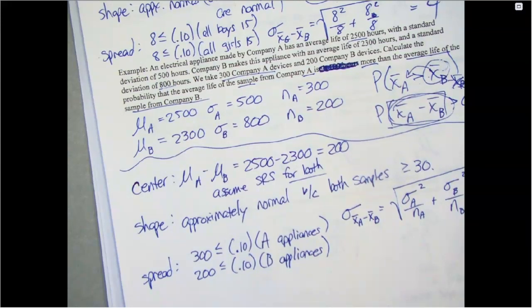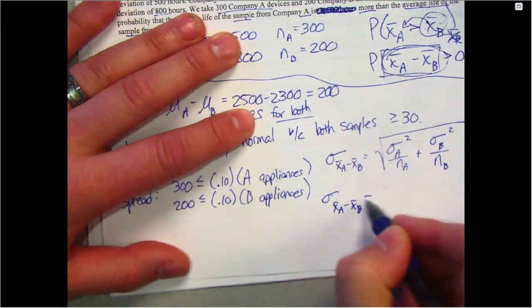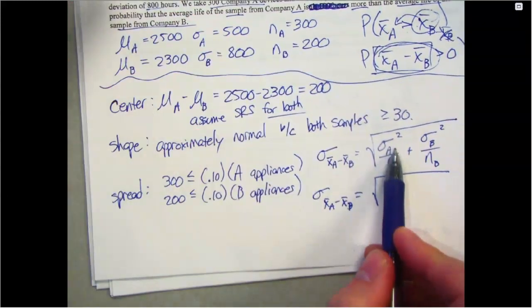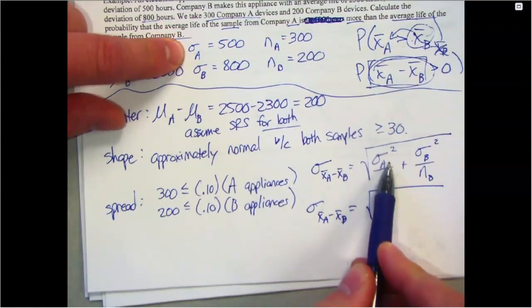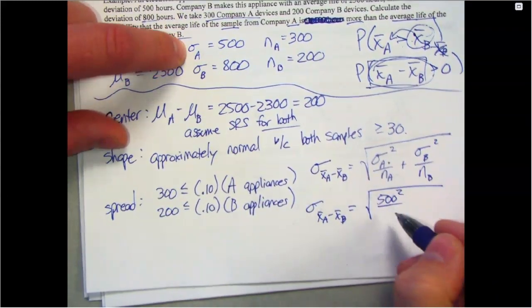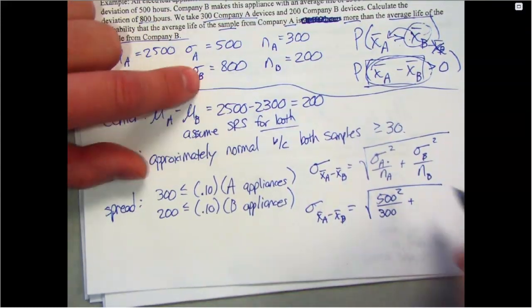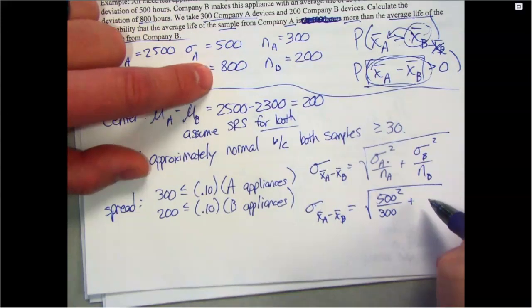63.5? Yeah. Okay, so the standard deviation of A is 500, and then the sample size of A is 300. The sample size of B is, I'm sorry, the standard deviation of B is 800. Did you guys get 63.5?